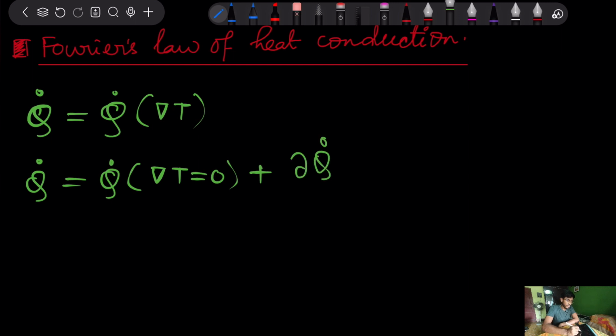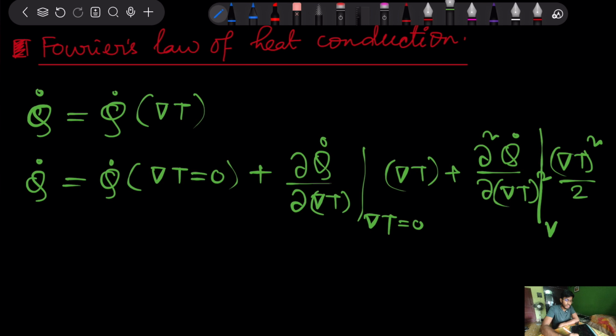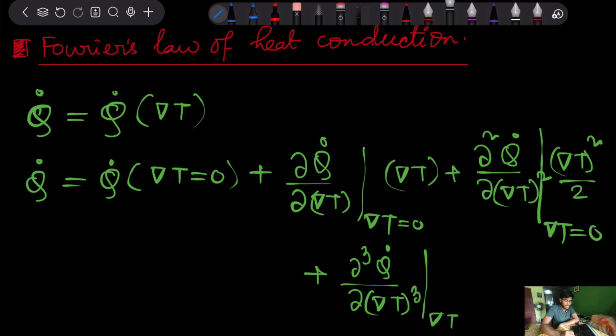Now this will be del q dot by del grad T at grad T equal to 0, into grad T, plus the second order term, which will be del square q dot by del grad T square at grad T equal to 0, into grad T squared by 2, plus the third order term at grad T equal to 0, grad T whole cube by 6, and so on.